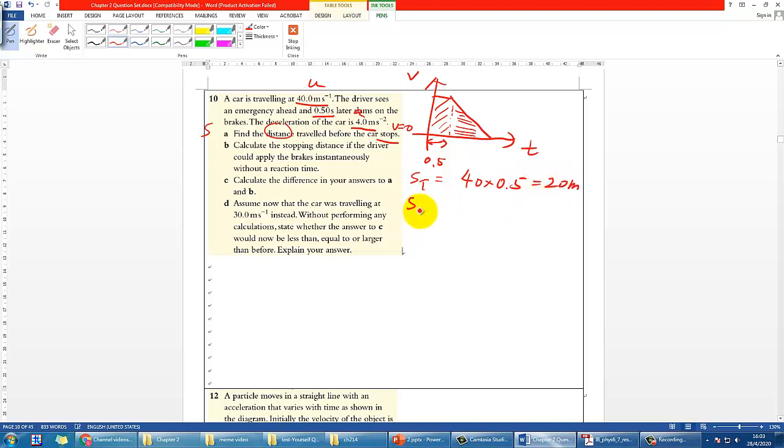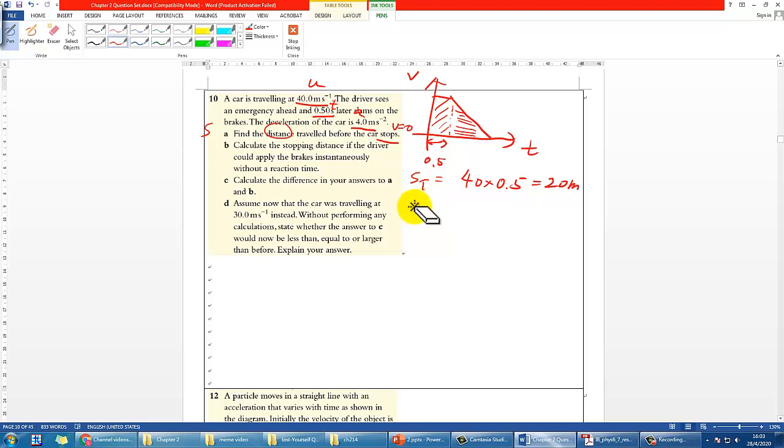And then for the braking distance, because you actually apply the brake, that would be calculated by using, you have a, v, u, s, and you got t actually. Actually there are different ways to do it.